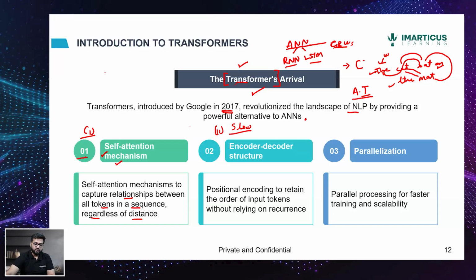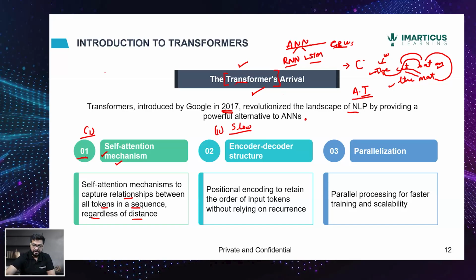So first we discussed the self-attention mechanism to overcome the issue of understanding the context. Now we also have an issue of large processing time, that the training time for artificial neural networks is too huge. How can we cut down on that?